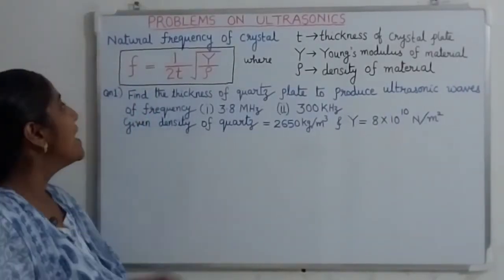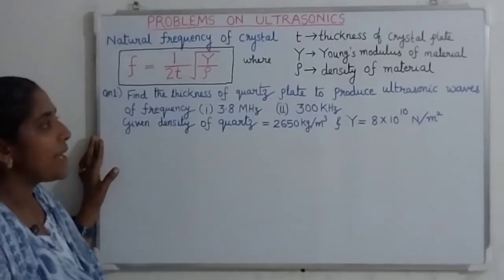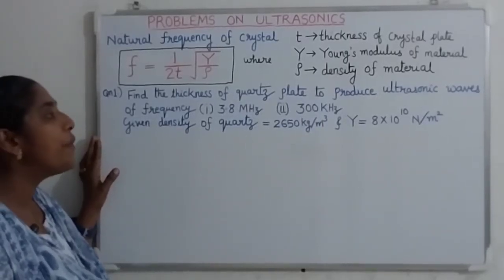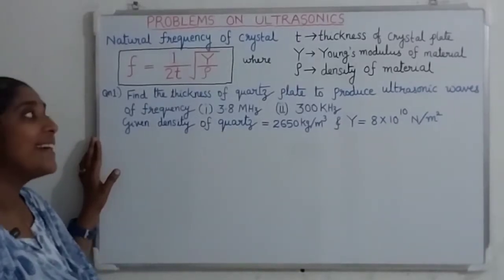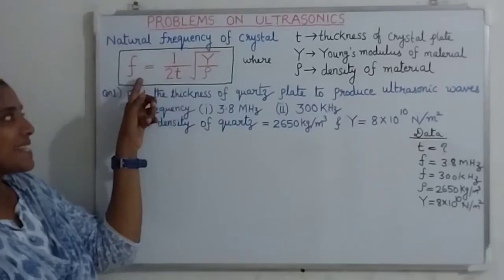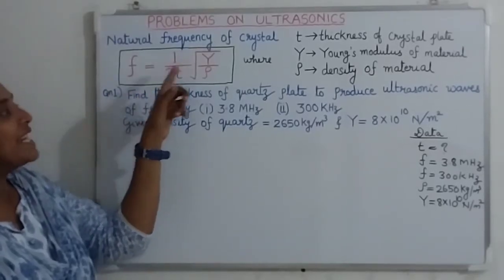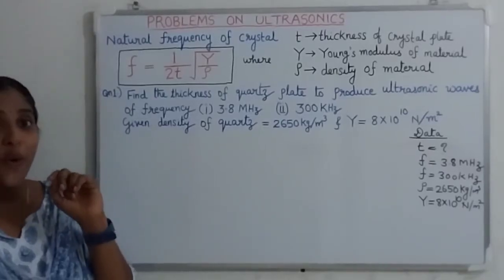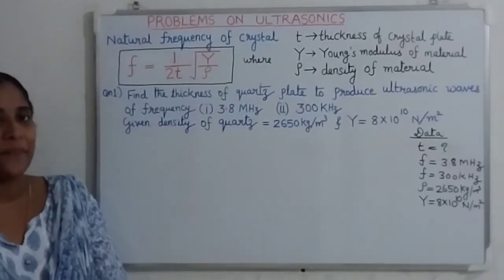First question: find the thickness of a quartz plate to produce ultrasonic waves of frequency 3.8 megahertz and 300 kilohertz, given the density of the quartz material. In this expression of natural frequency, the Young's modulus and density remain constant for the same material.